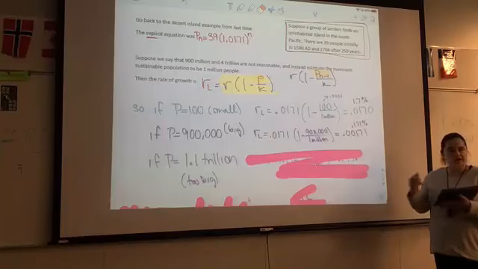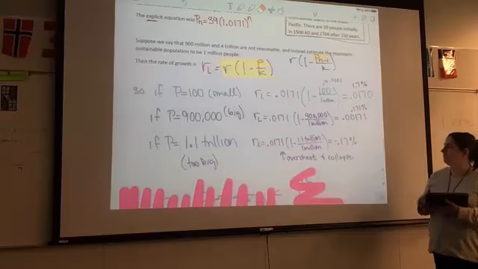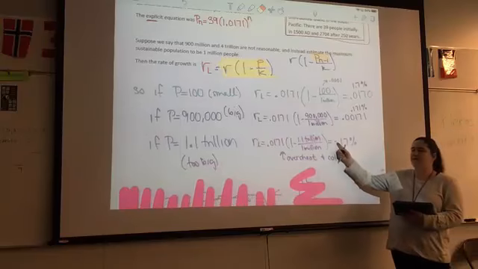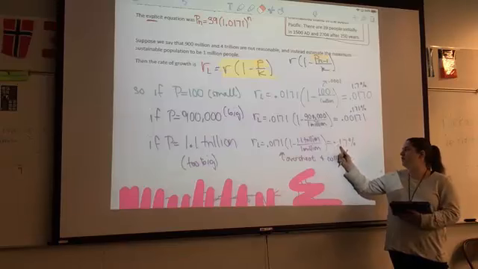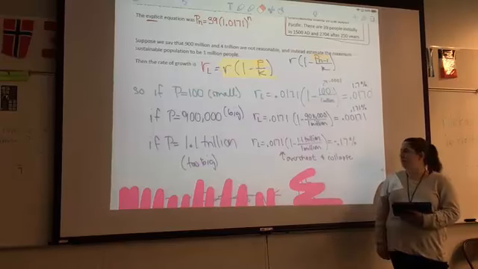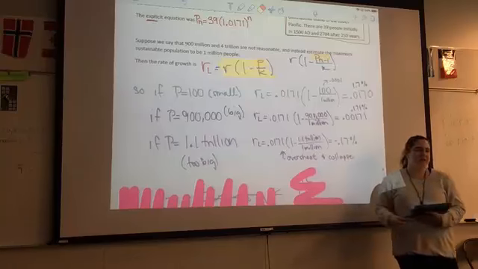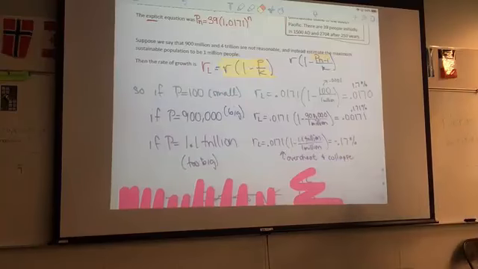So what is my new growth rate? It's now negative. People are dying off at a rate of 0.17%. It's called overshoot and collapse. It overshot the carrying capacity of that island, and now the population is going to collapse back down to where the island can support people.